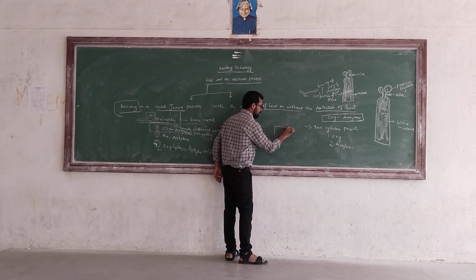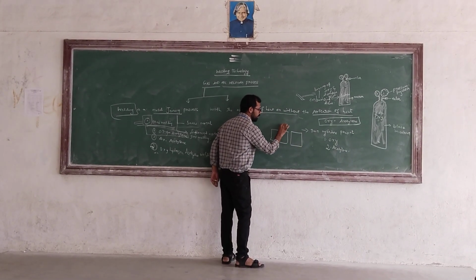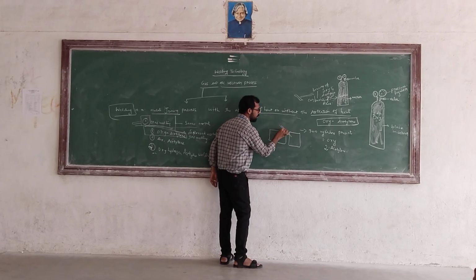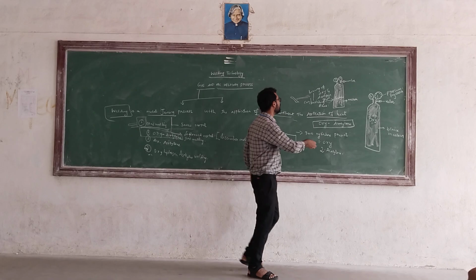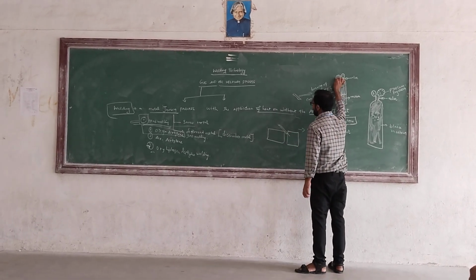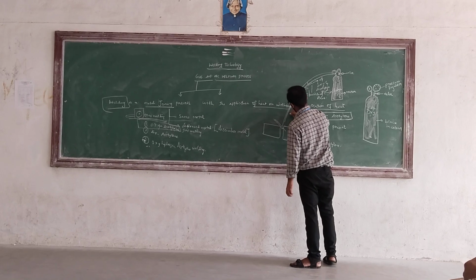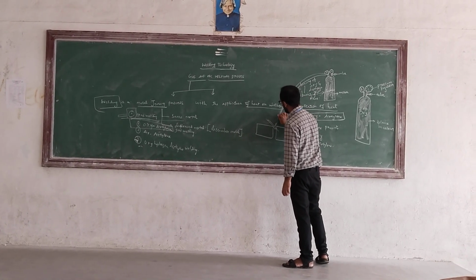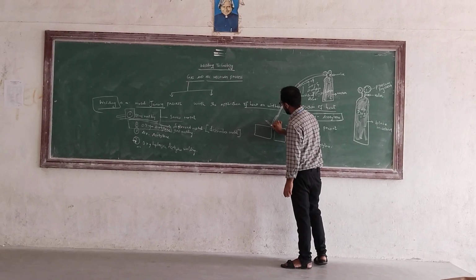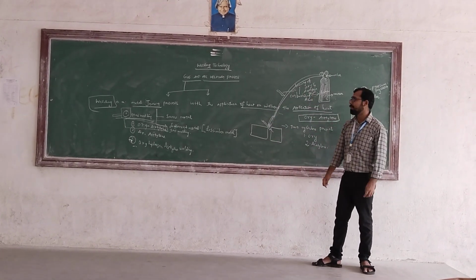For example, this is your welding portion and this is your electrode. We keep the electrode at 30 degrees, and the flame is placed here.